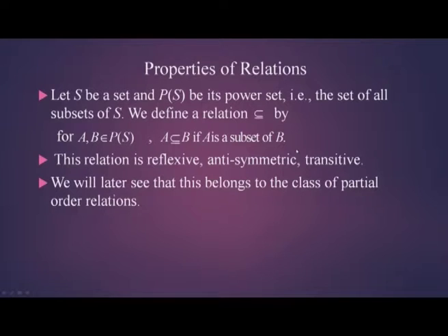This is a well known relation. This relation is reflexive, antisymmetric and transitive. We will very soon see that this relation makes up an important class of relation called partial order relation.